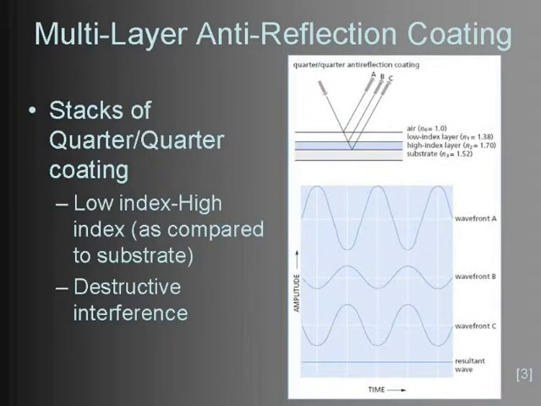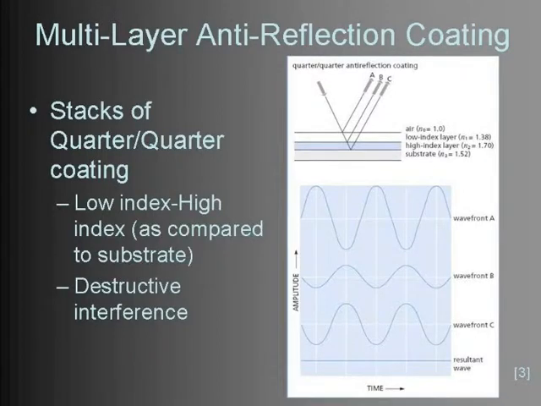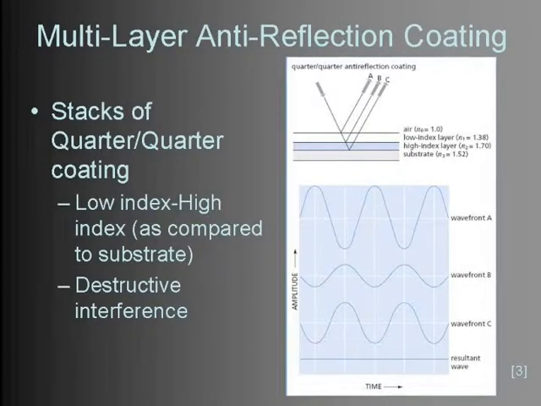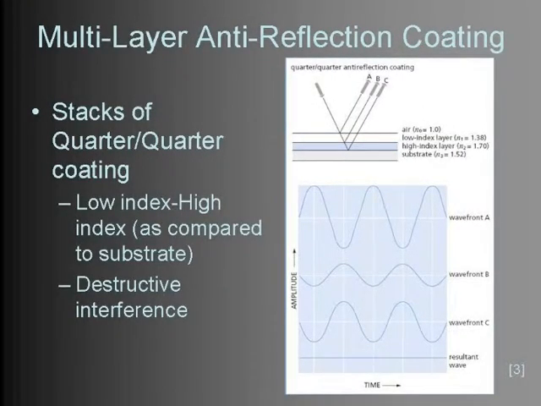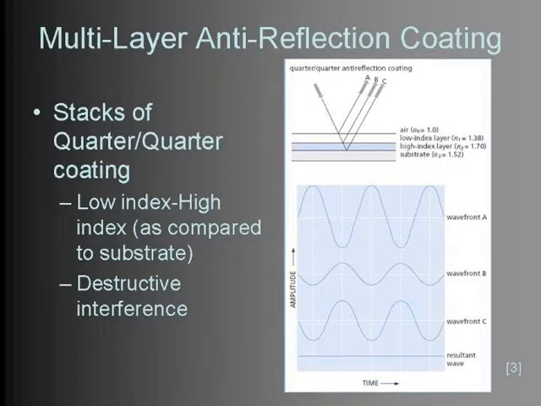Multi-layer anti-reflection coating. It's pretty much the same idea as the single layer anti-reflection coating. The difference is this has a quarter wave coating on it. The first quarter layer is of a low index, and the second one will be of a higher index as compared to the substrate, which could be glass or plastic. Having the two quarter wavelength layers on top of each other, one of low index and the other of higher index, this setup will cause two reflections, one at the film boundary and the other at the film-substrate boundary.